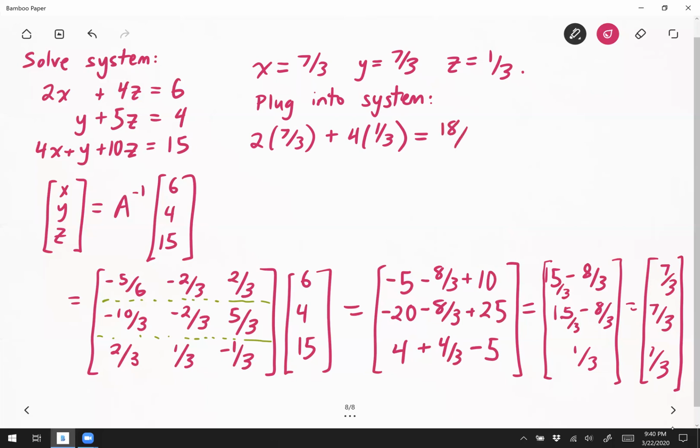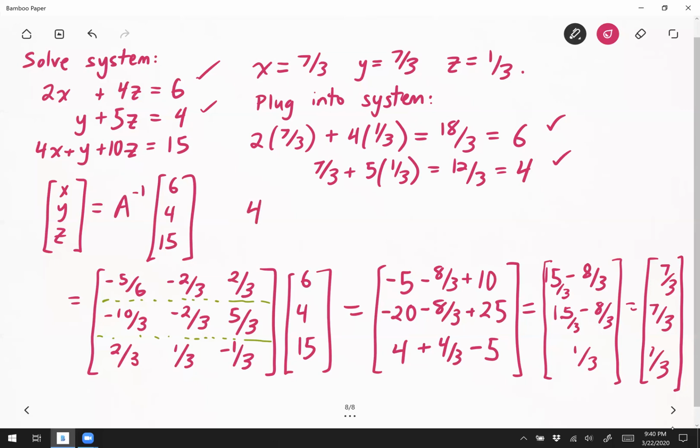That's 18/3, which is 6. Hey, that checks out. Next, I'll have the y, which is 7/3, plus 5 times 1/3. It gives me 12/3, which is 4. Well, that also checks out.